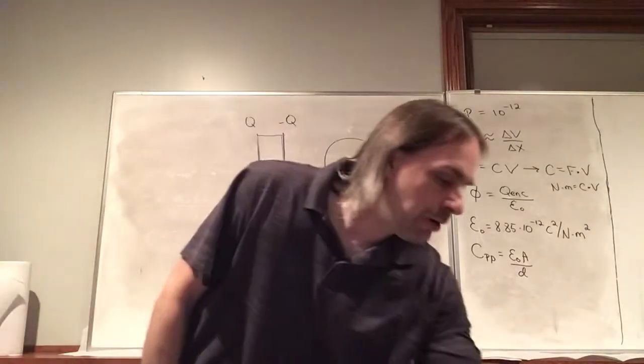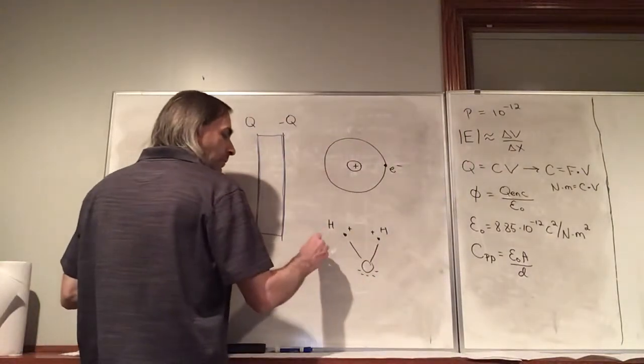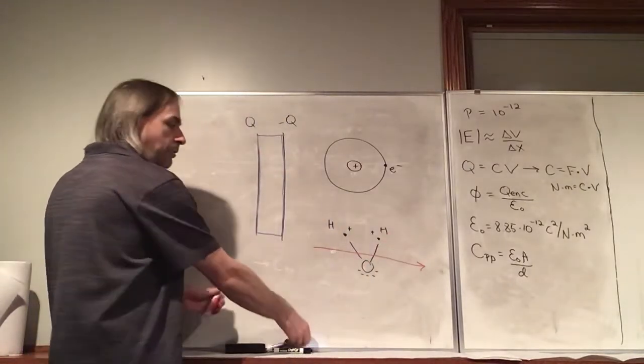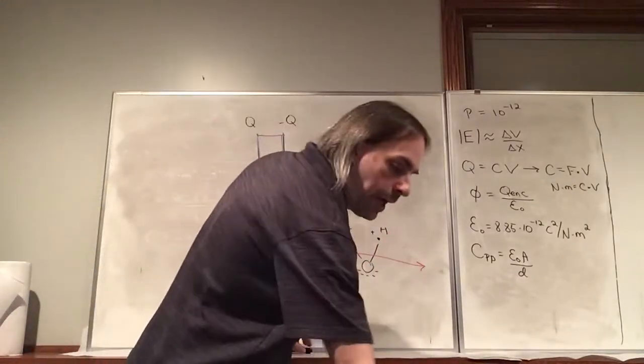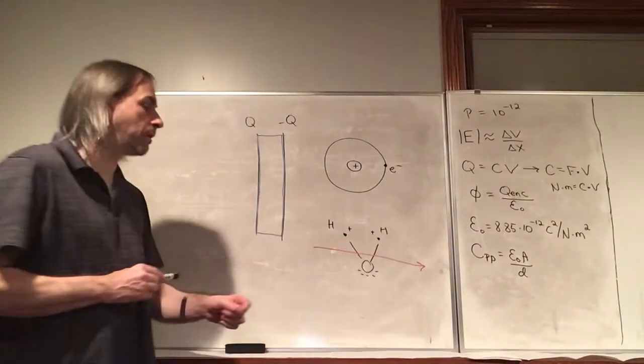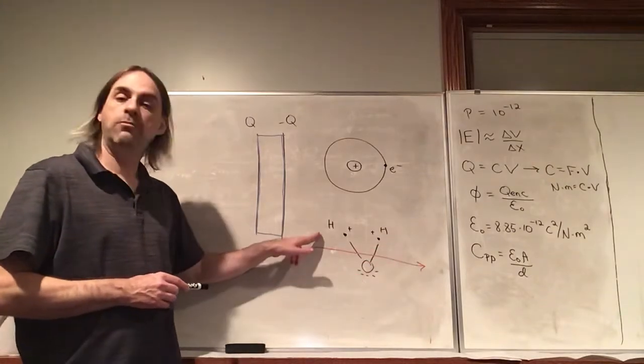What happens if we apply an electric field? Electric fields exert forces on charges. The force on a positive charge is going to be in the same direction as the electric field. So the positive charges are going to be pushed to the right, the negative charges pushed to the left.